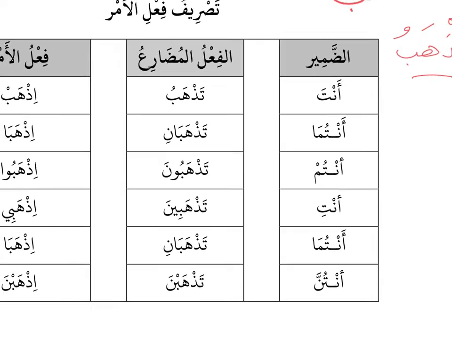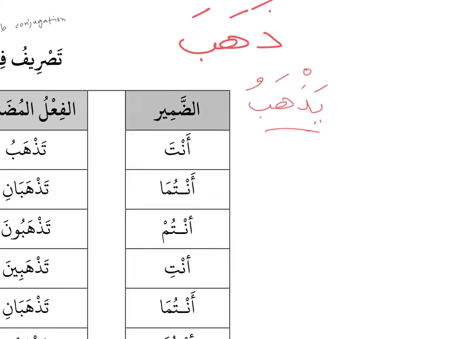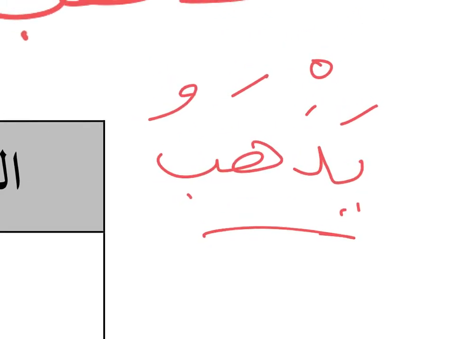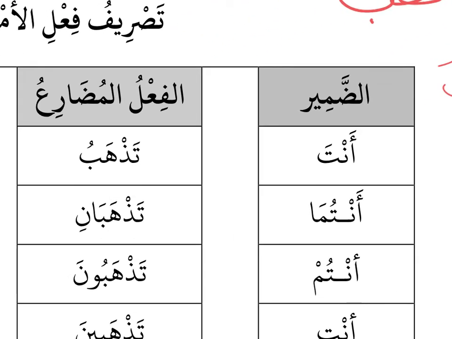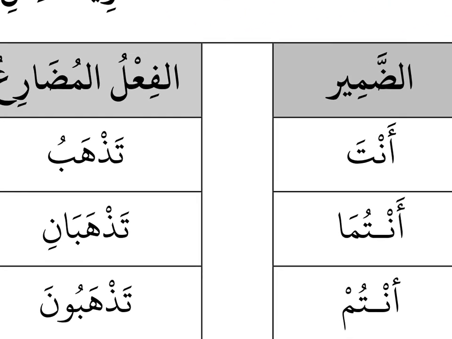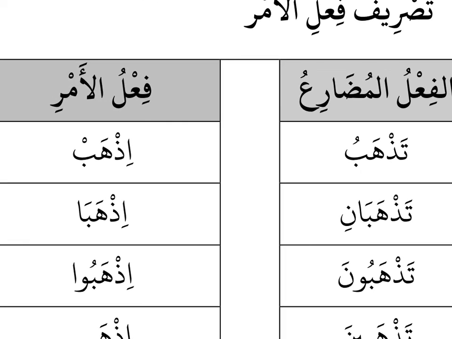Now we look at the تصريف. In فعل الأمر, we start with أنت. يذهب, this is for هو. هو يذهب, he goes or he is going. And when it is for أنت, then we say تذهب. أنت تذهب. So we take this word, تذهب, and from here we change to فعل الأمر.